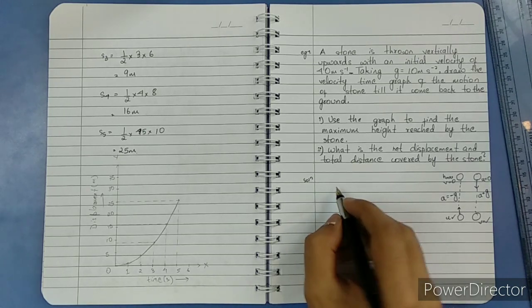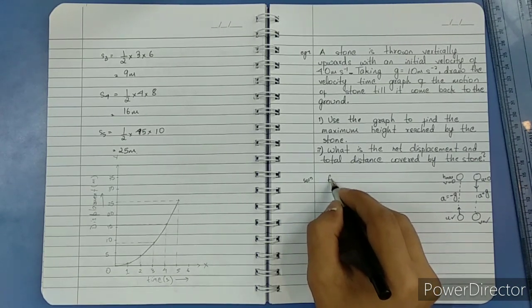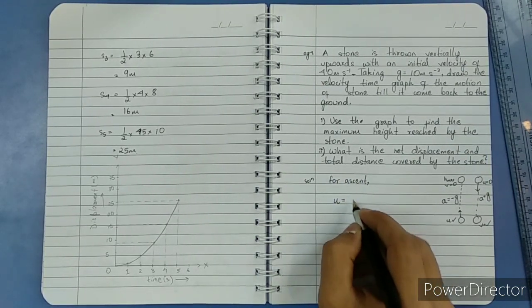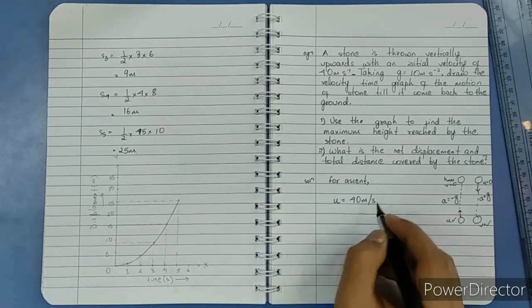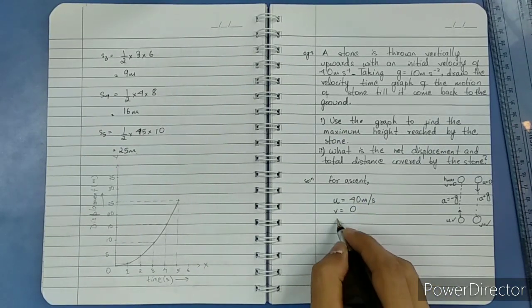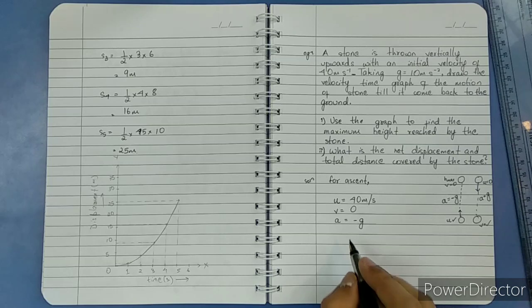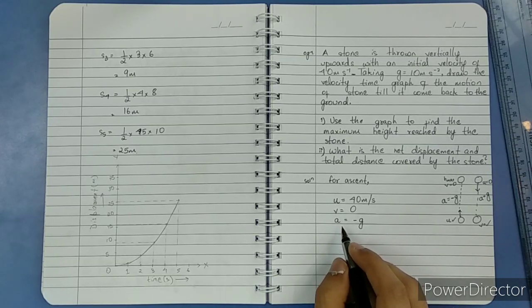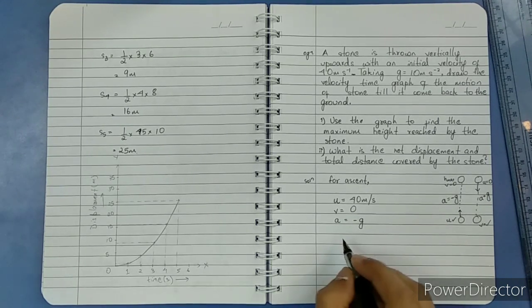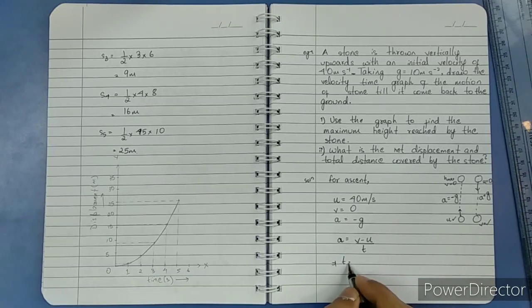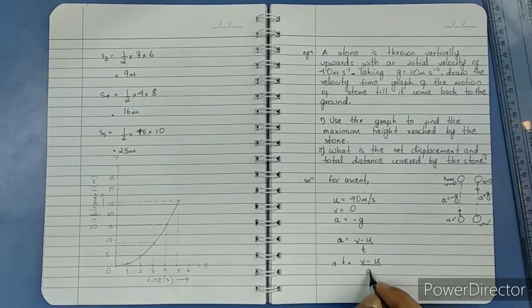Okay, so for ascent, means for going up, we have initial velocity as 40 meter per second. On reaching the top, its final velocity is 0 and acceleration is minus g because it is going against gravity. So let's find the time. a is equal to (v minus u) by t, so t is equal to (v minus u) by a.